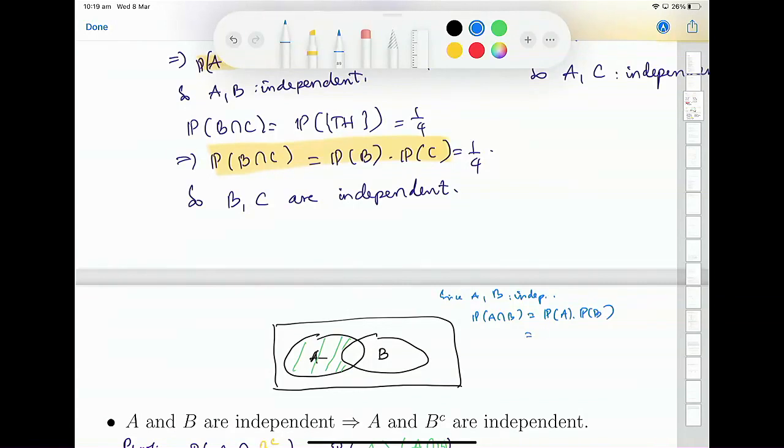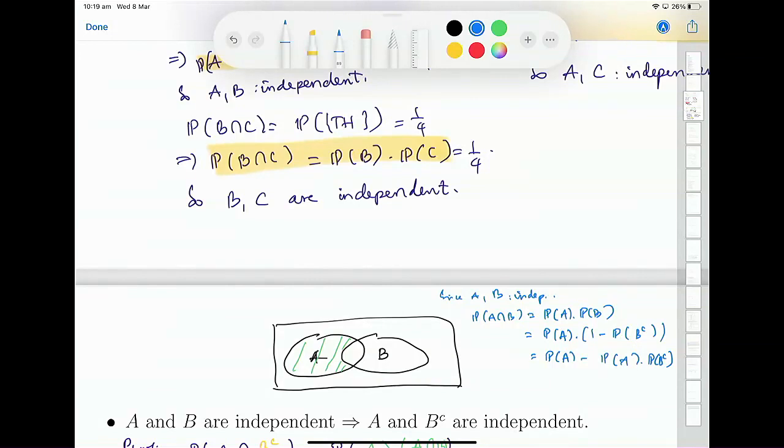And then you write probability of B is 1 minus probability of B complement. And then what's next? Expand this one, probability of A minus probability of A times probability of B complement, and then multiply both sides by -1.